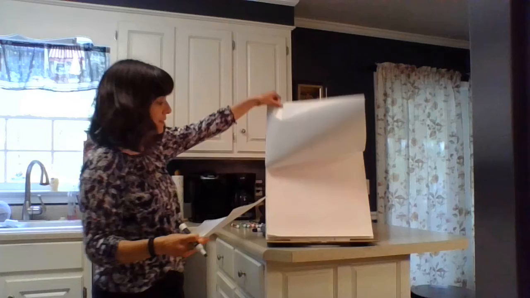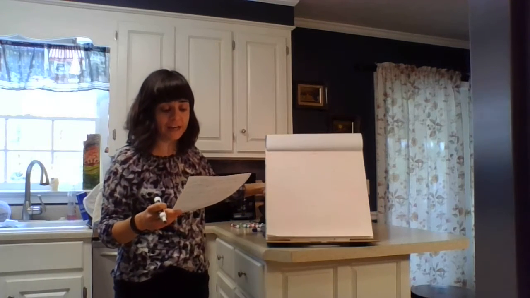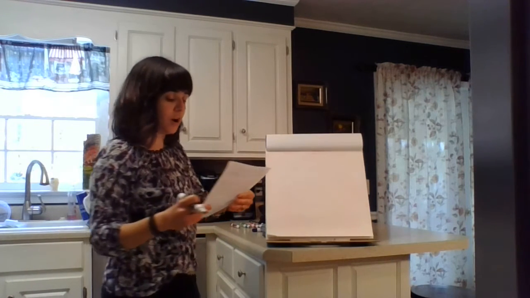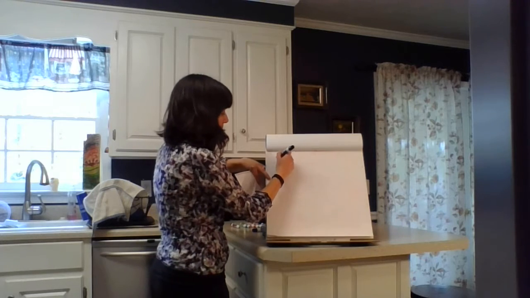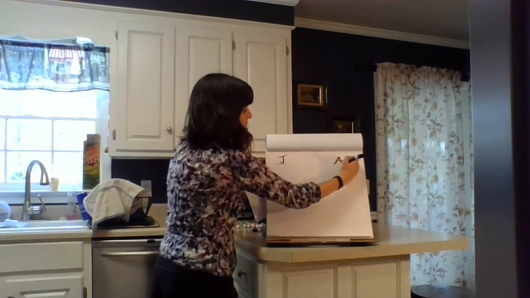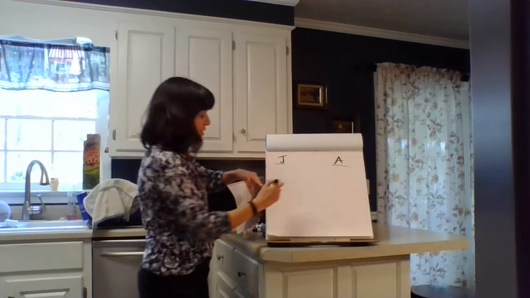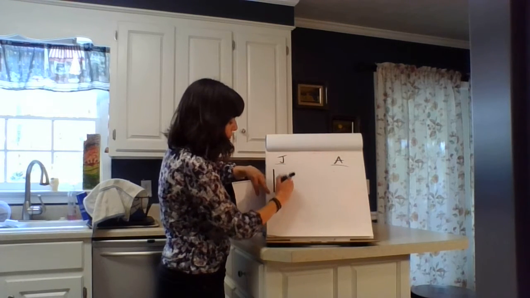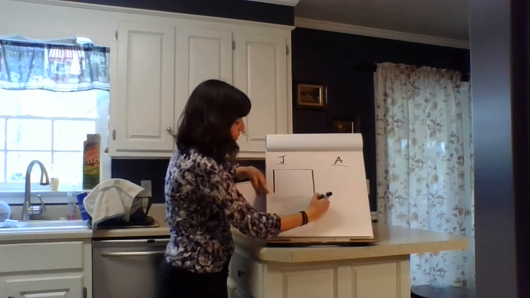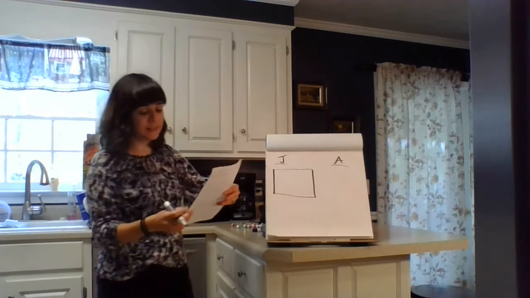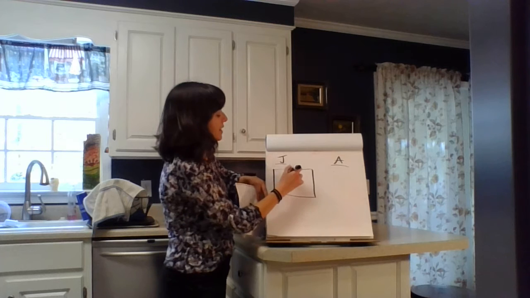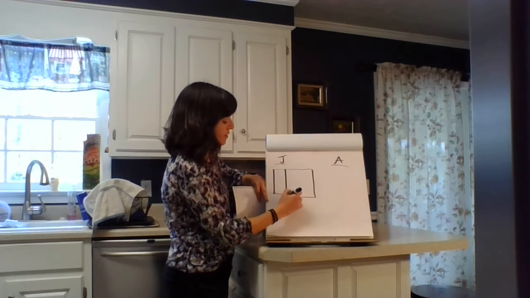Number 2 for Monday says Josh and Anna each had a candy bar. Josh's candy bar has 24 pieces. And he ate 2/3 of the pieces. So I just drew a candy bar with 24 pieces to solve this problem. And I know that he's going to eat 2/3, so I definitely want thirds to be in there somewhere.